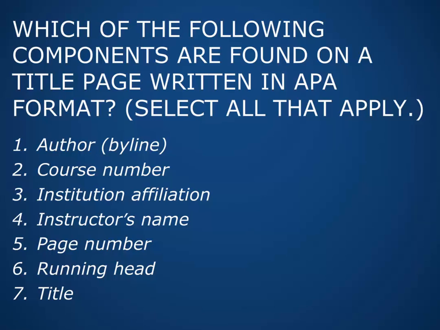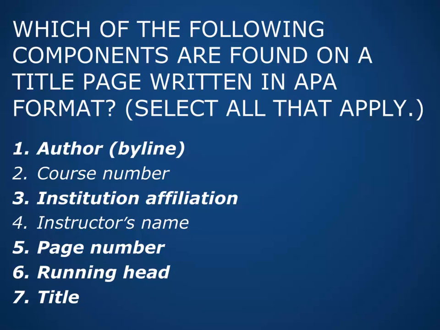You can select all that apply: author or byline, course number, institution affiliation, instructor's name, page number, running head, and title. And the answers are 1, 3, 5, 6, and 7. You do not include the course number or the instructor's name in your title page.